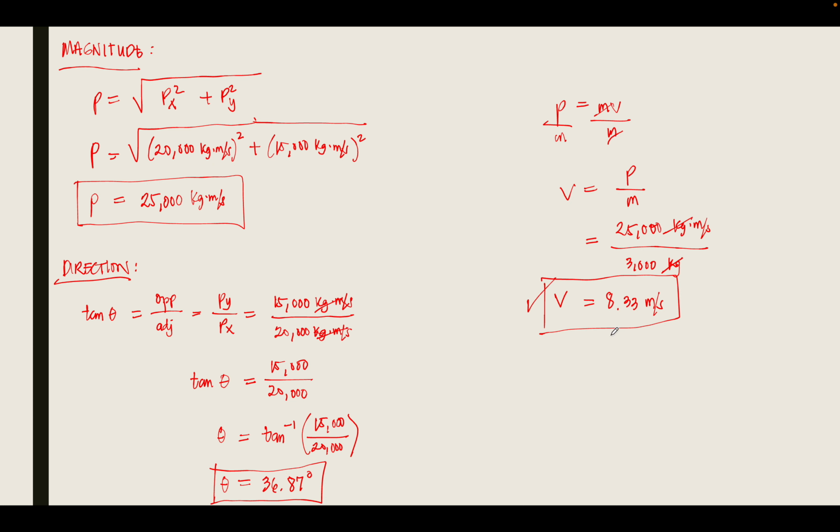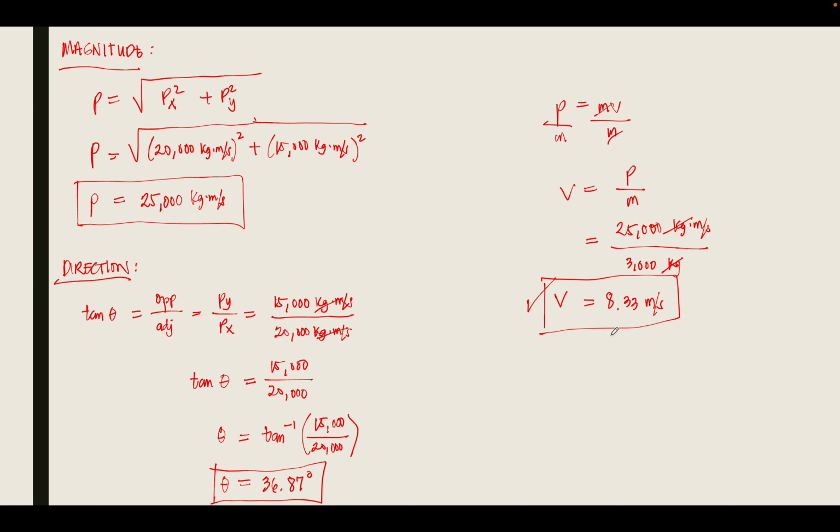So, example for a perfectly elastic collision: a 4 kilogram ball moving east at a speed of 5 meters per second strikes a 2 kilogram ball at rest. Calculate the velocities of the two balls assuming a perfectly elastic collision.